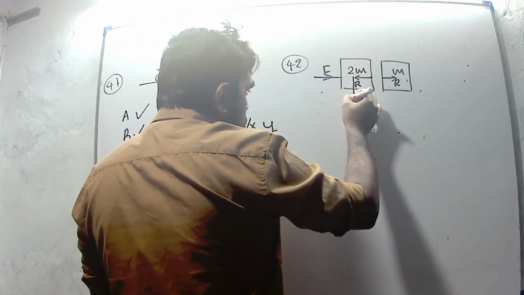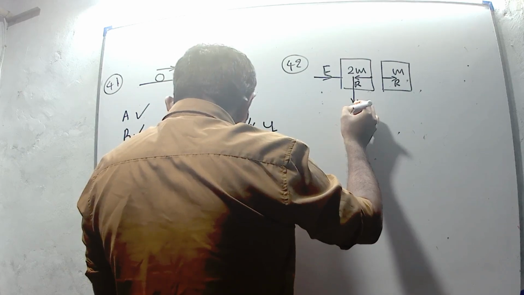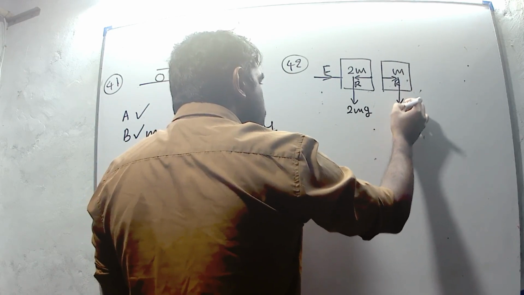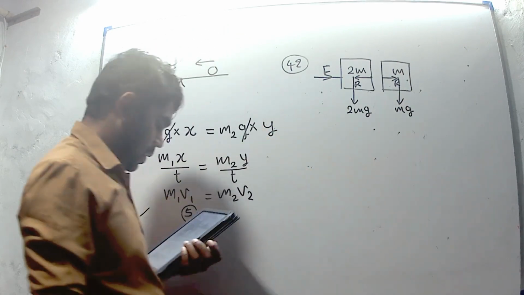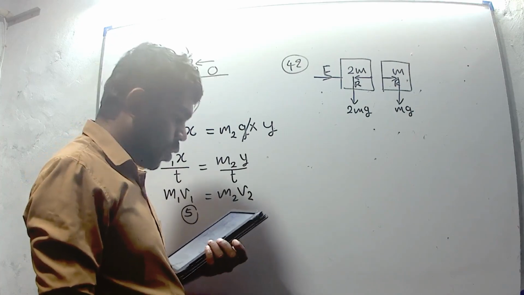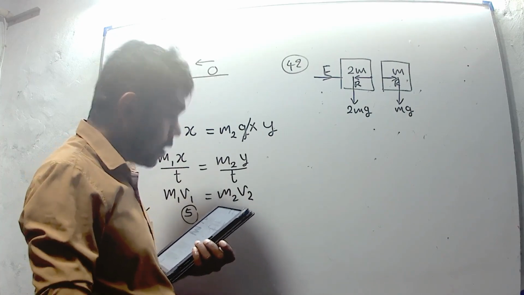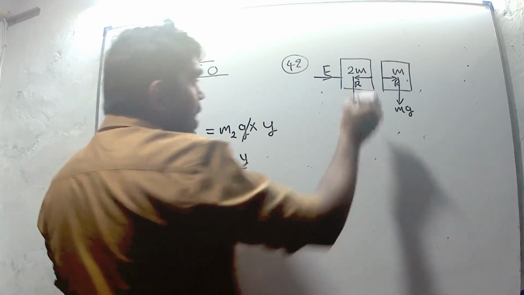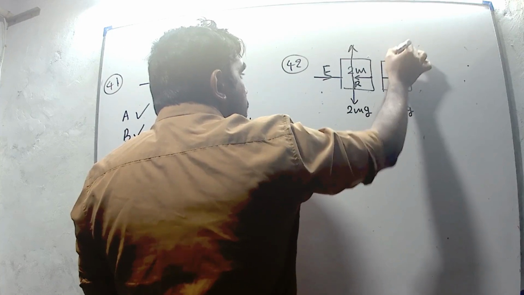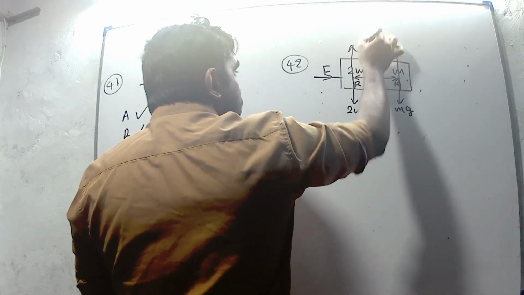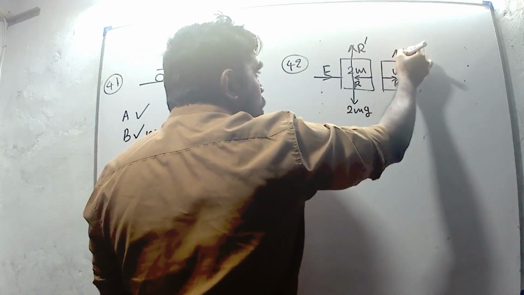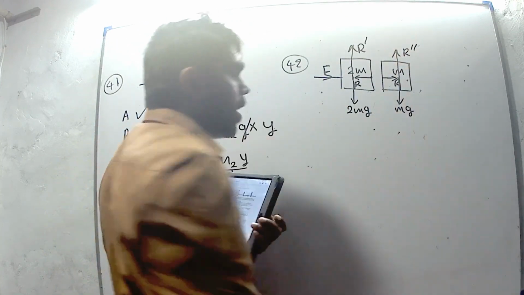Weight of the 2m mass is 2mg and weight of the m mass is mg. The surface is smooth, therefore there is no frictional force, but there is a reaction for these two objects. I will consider the reaction of the 2m mass as R dash, and the reaction of the m mass as R double dash.